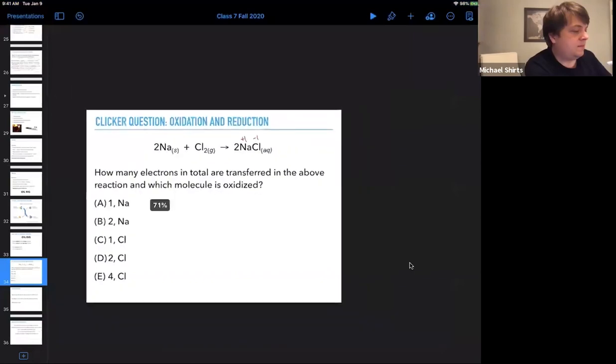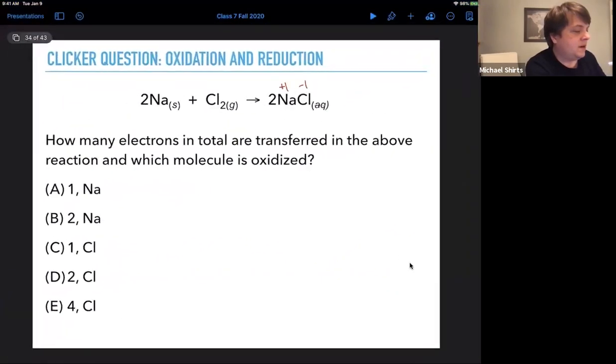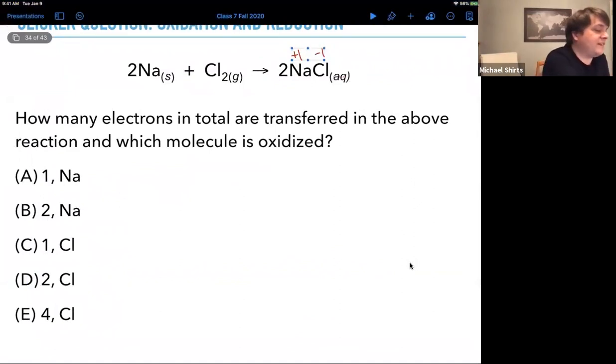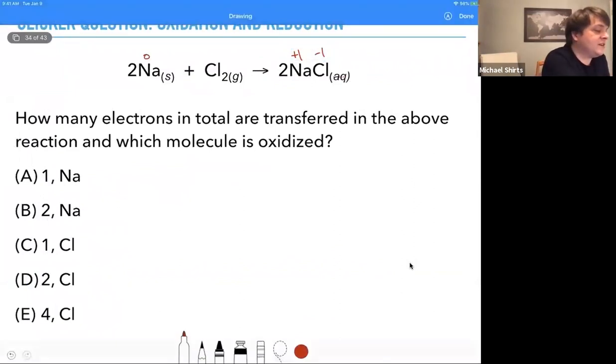Elements don't have an excess of electrons, and so therefore they have exactly the right number of electrons. We could say that they have 0 excess electrons. Chlorine indeed also has 0 excess electrons. So therefore, an electron has moved from sodium to chlorine.